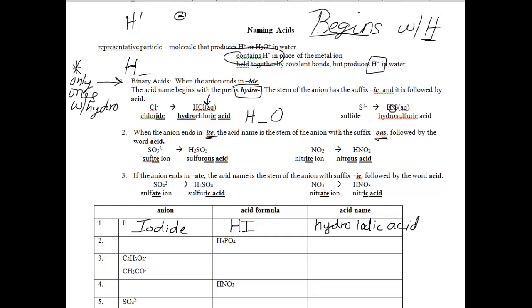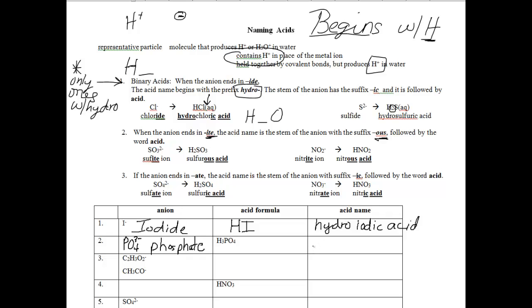Okay, let's look at this one. Let's break it apart. We know it's an acid because it has the hydrogen. So right here's my anion. What is that ion? PO4 with that -3 charge. Look it up on your chart. What is that called? That's called phosphate. It's an ate, so what do ates become?